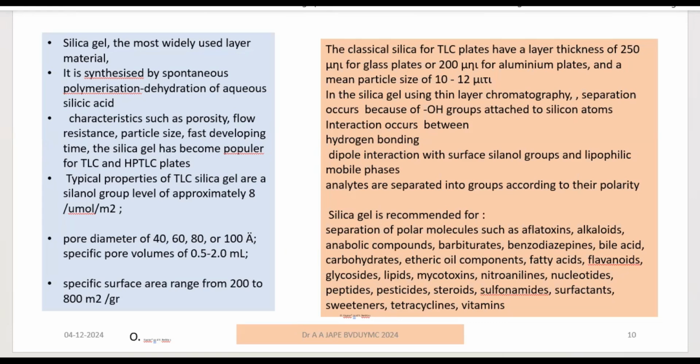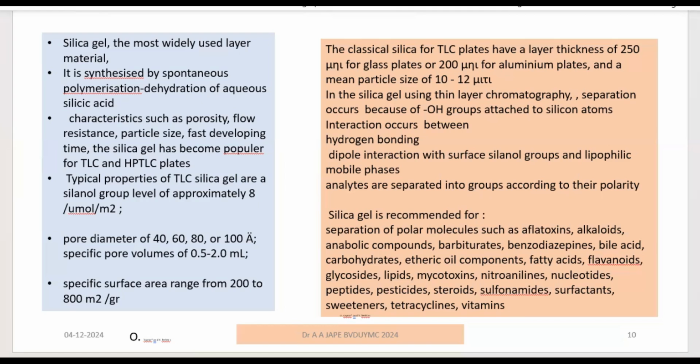The particle size of the silica gel also is going to be important, because it is going to ultimately decide the polymerization efficiency and the pore size of the gel casted or the layer casted. That ultimately will decide the development time. So the characteristics of silica gel particle size is very important.